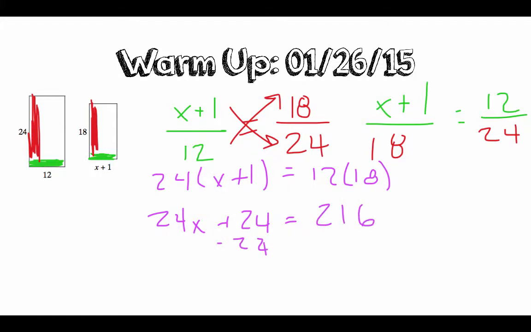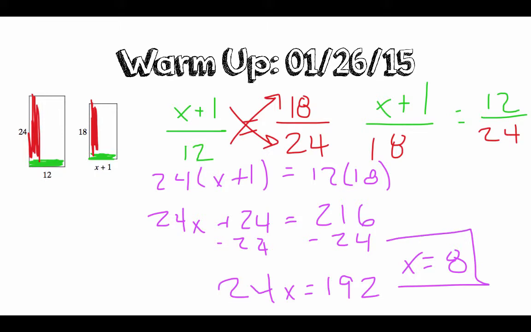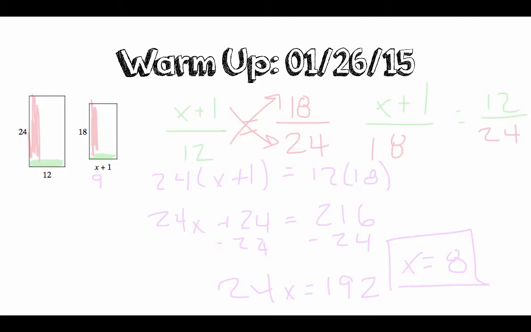Subtract 24 from both sides. 24x equals 192. x equals 8. So now that you have solved that, plug it back in. That would be a 9 there, and we can tell these things are similar because this is 1/2 of it and this is 1/2 of it. So we know the ratio there is all the same.